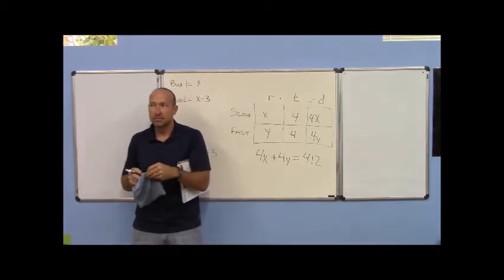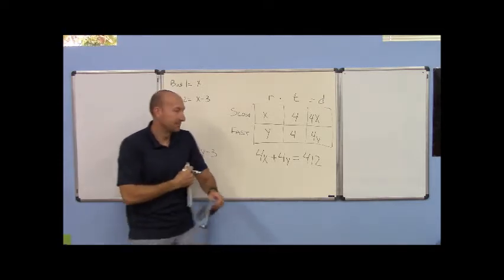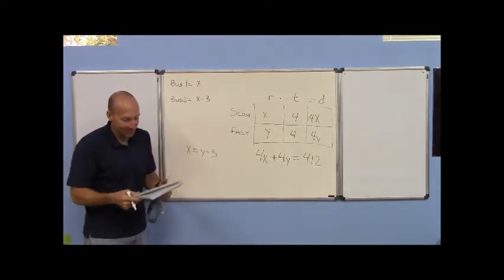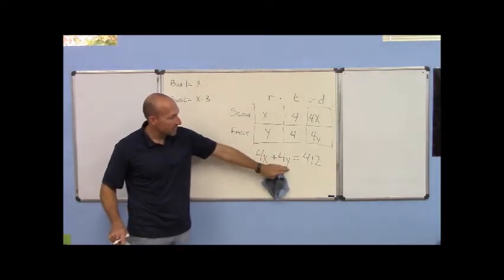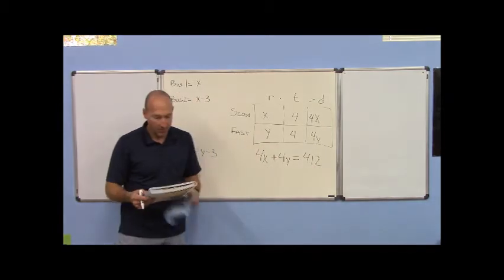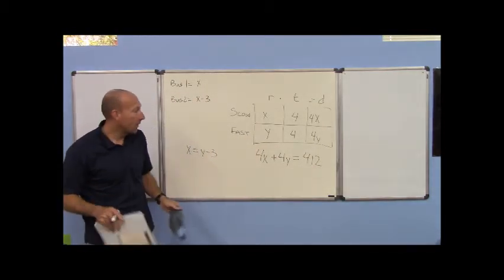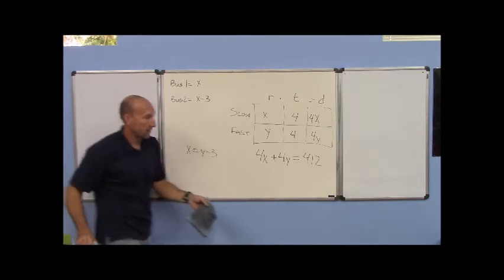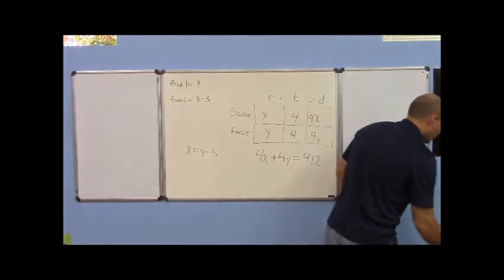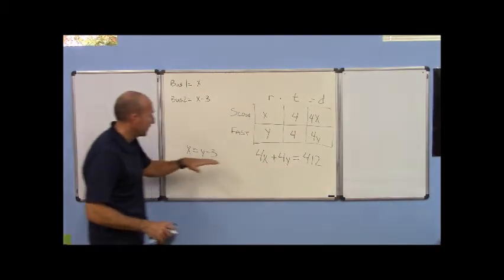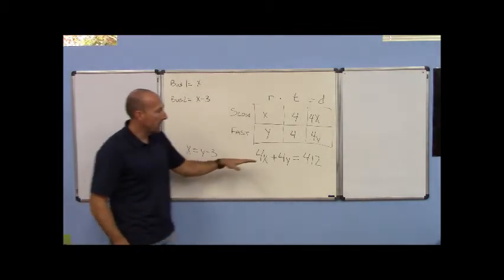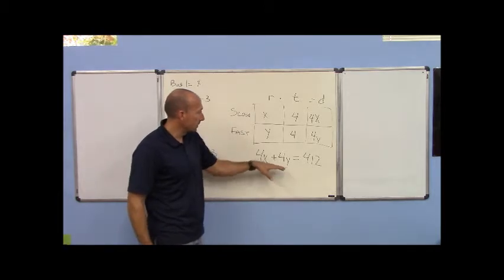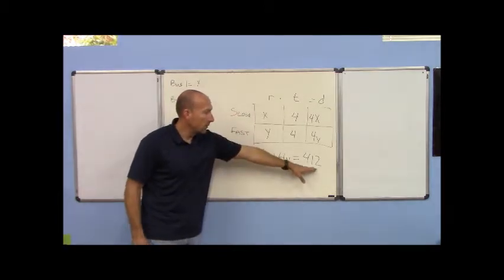Got it? Still no. Okay, we'll move on. So when you add their total distances together, we are getting 412. Now, what we can do is use these two equations that we've come up with, and we can combine these together. We know that the slow one plus the fast one equals 412.